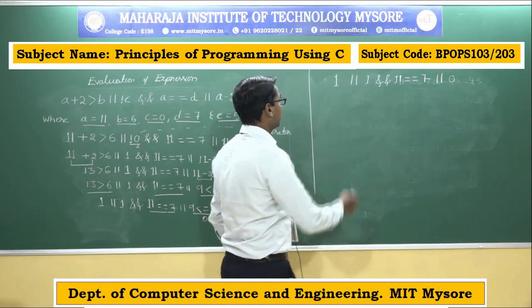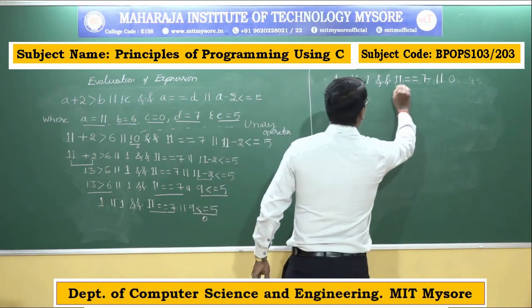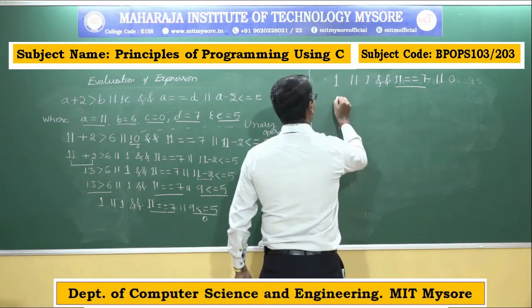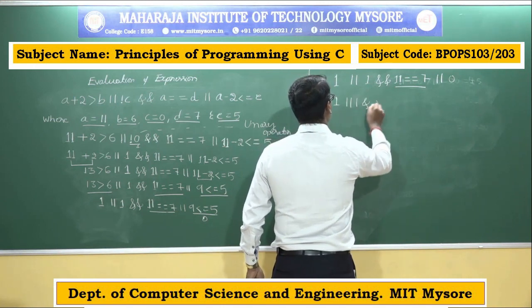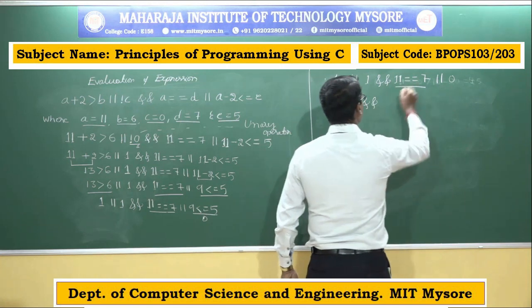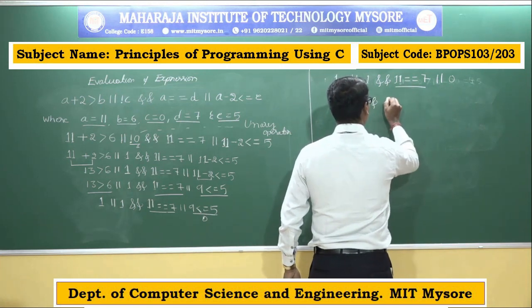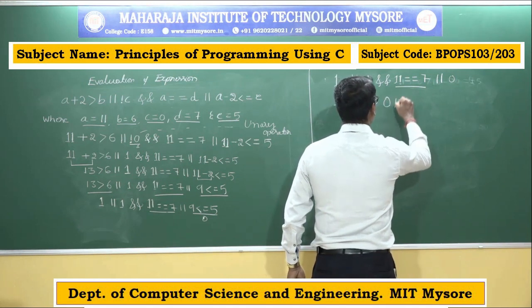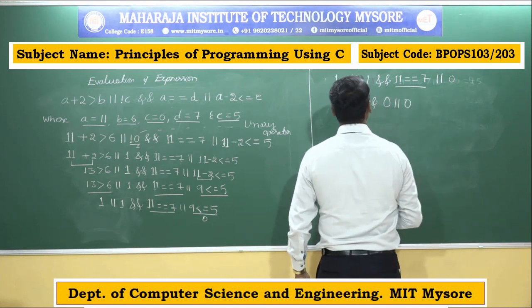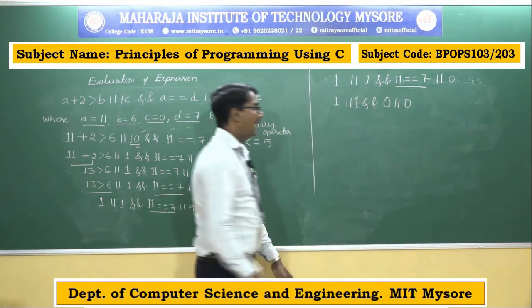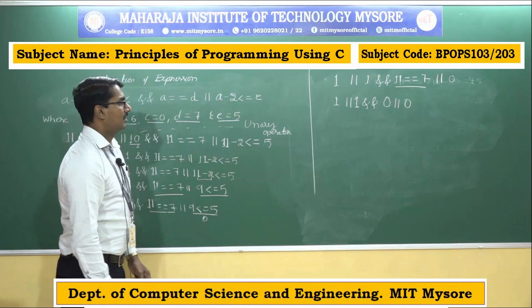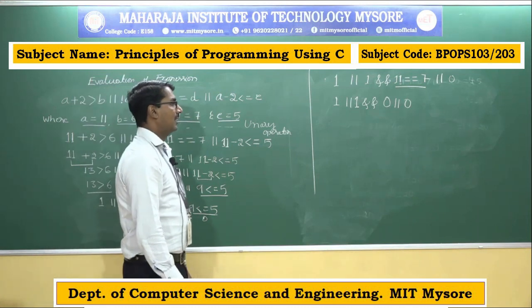Okay. Next is one more relation expression, that is 11 is equal to 7. This expression will be evaluated: 1 or 1 logical and. 11 equal to 7, this condition is false. So the result will be 0, 0 or 0. So now we are left with logical operators.